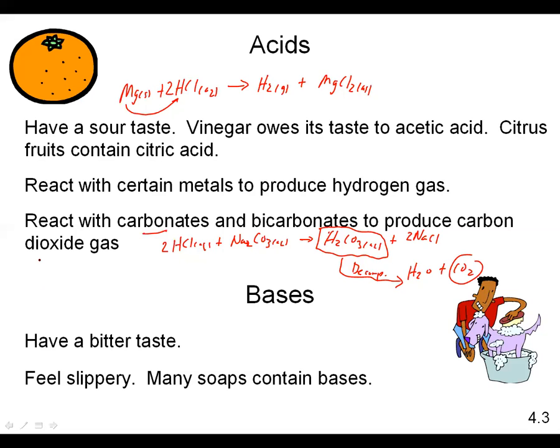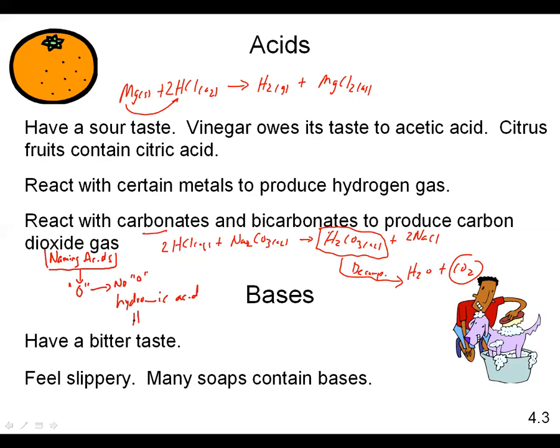A reminder in terms of naming acids, just to make sure everybody's on the same page. It all involves whether or not there's oxygen. If there's no oxygen, those start with hydro-something-ic acid.